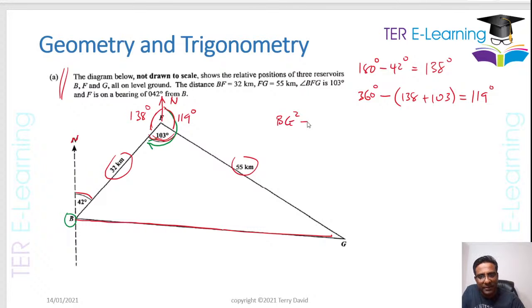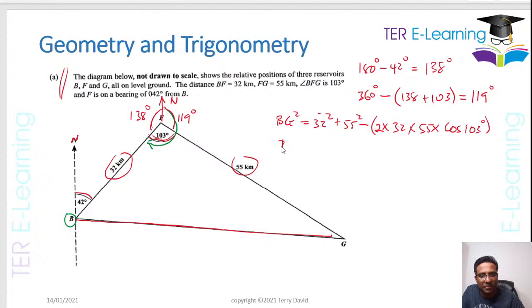BG squared is equal to 32 squared plus 55 squared minus 2 multiplied by 32 multiplied by 55 multiplied by cosine of my angle, which is 103 degrees.